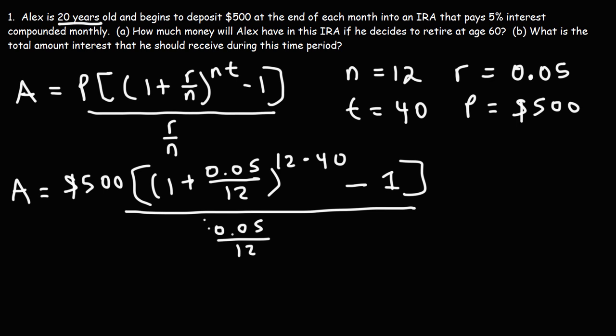When typing this in your calculator, make sure to put this in parentheses. Now you can plug this in all at once, but for those of you who may not be getting the answer, I'm going to do this one step at a time.